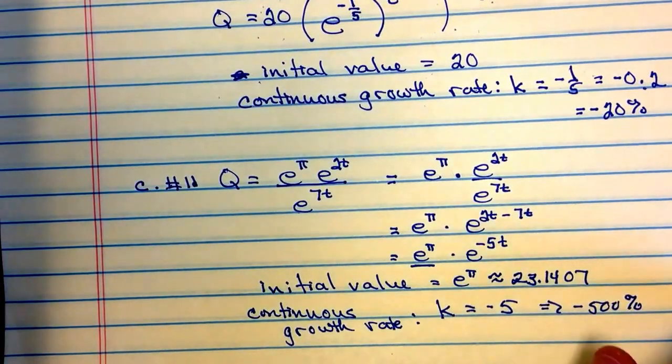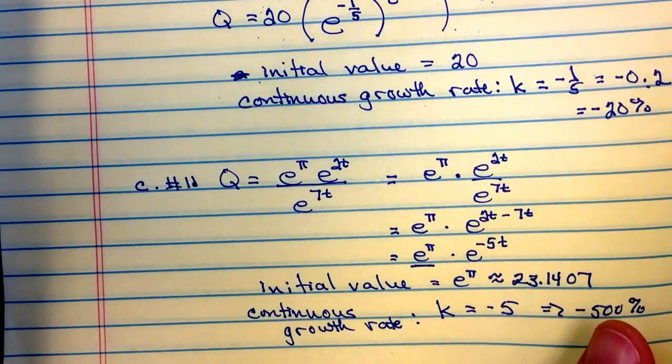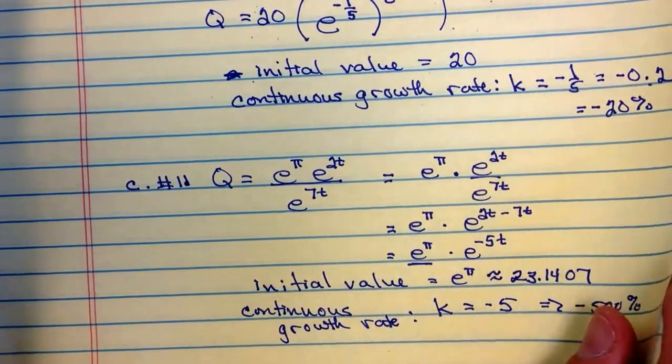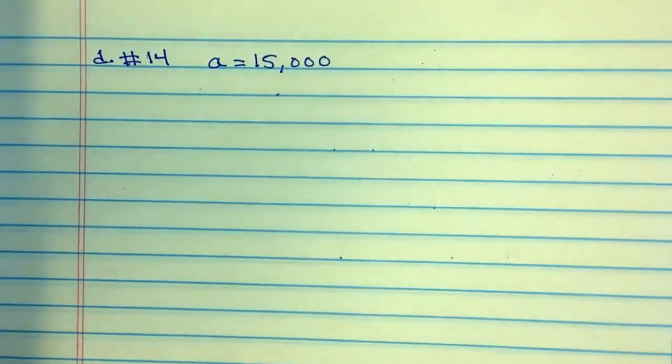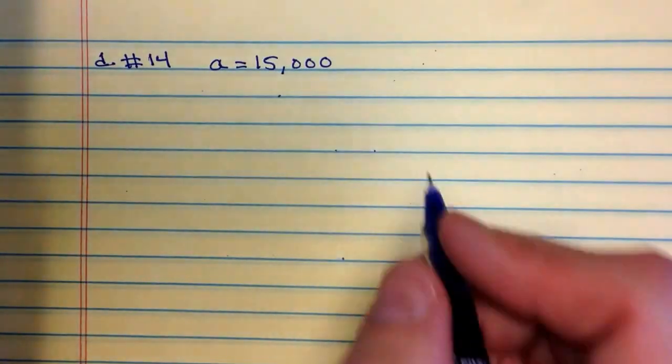All right, let's try to do number 14 real quick. So little d, number 14. It says a population is initially 15,000, so that tells me A is 15,000, and grows at a continuous rate of 2%.